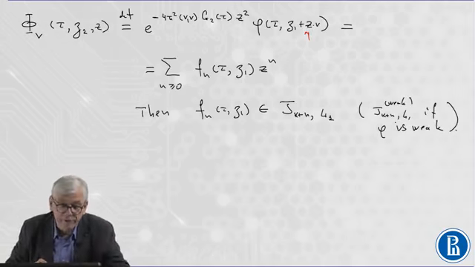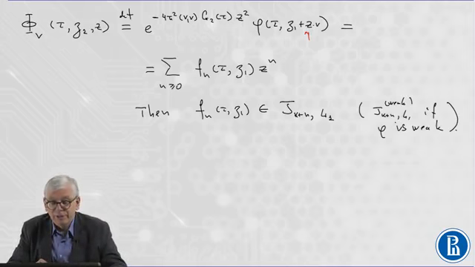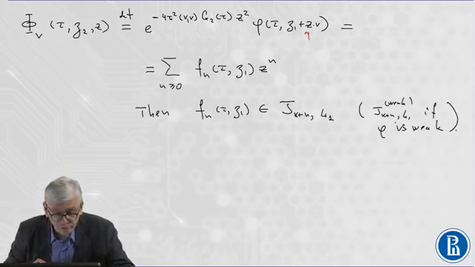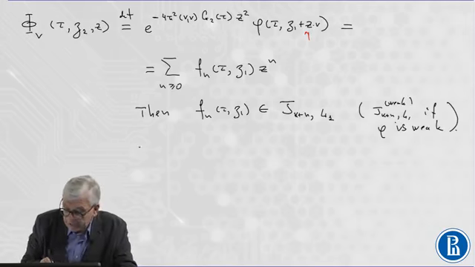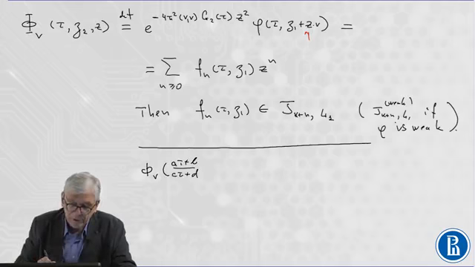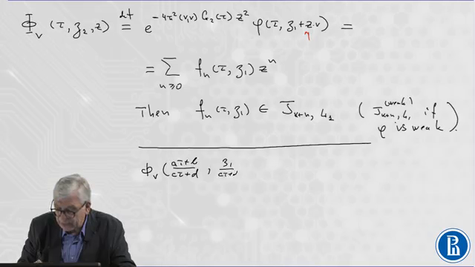The proof of this fact is very, very similar to the case of one variable. Now you have to analyze the functional equation, so I leave this calculation for you as an exercise. So first of all, you have to find the functional equation of this function under tau goes to a tau plus b over c tau plus d, z1 over c tau plus d, z over c tau plus d.